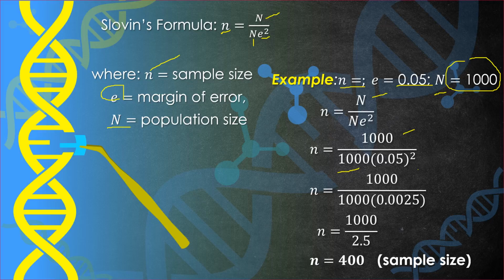Then n is equal to 1,000 over 2.5, so the sample size is 400. So, instead of considering 1,000 participants for the study, using Slovin's formula we can get 400 as the sample size for your study.